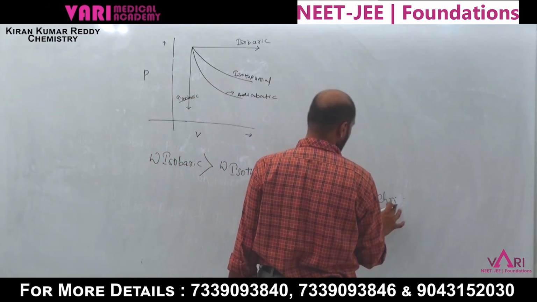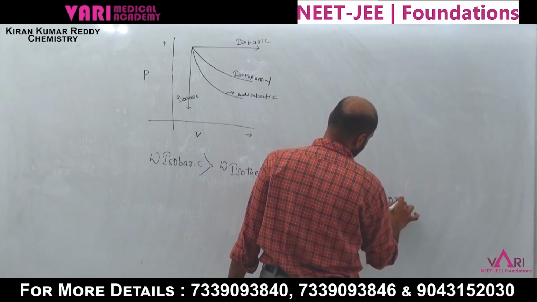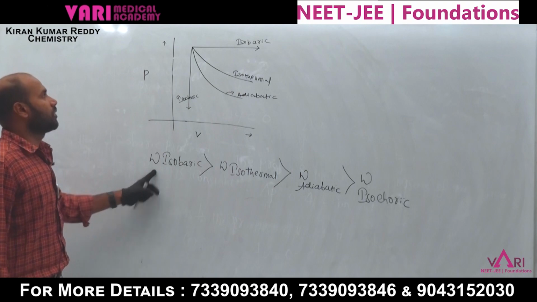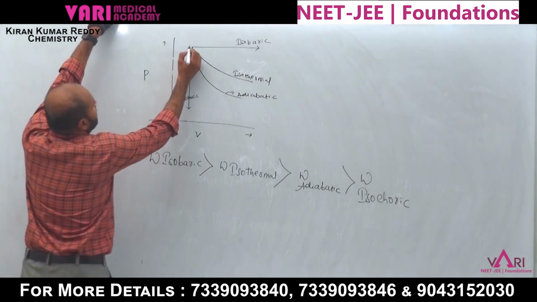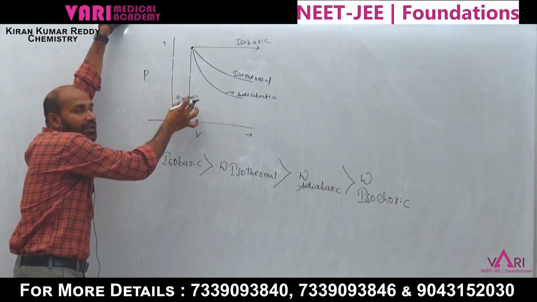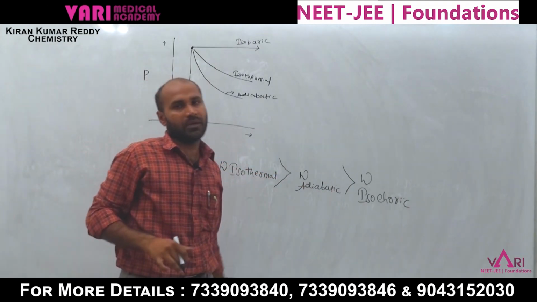Which one has more work, students? Maximum work happens in isobaric, and minimum work is in isochoric process.